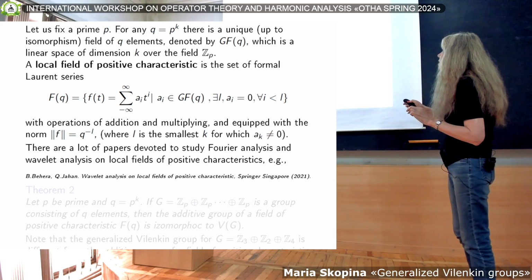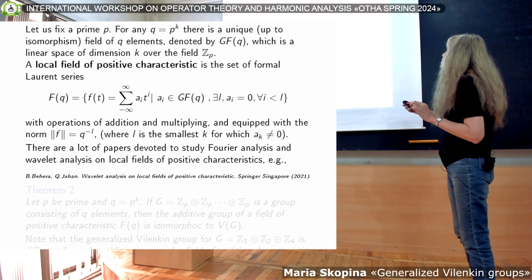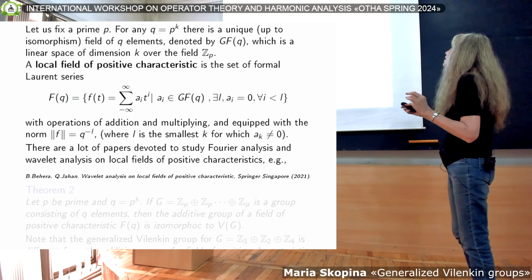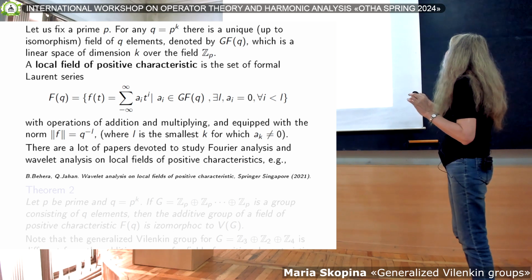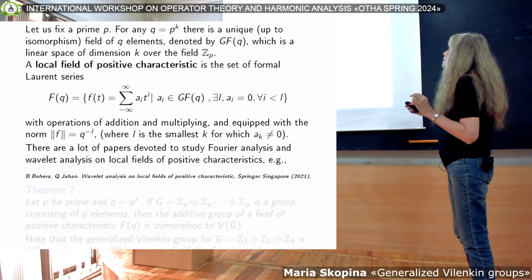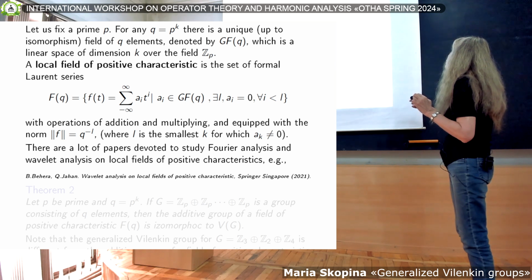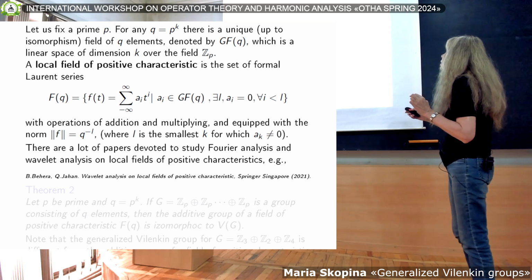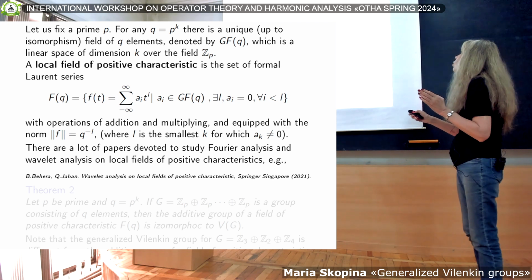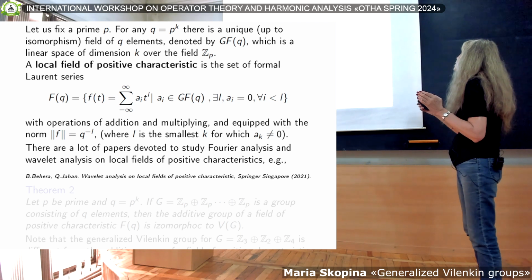First, let P be a prime number and Q a power of P. Then it is known, algebra again, that there is a unique, up to isomorphism, field consisting of Q elements.